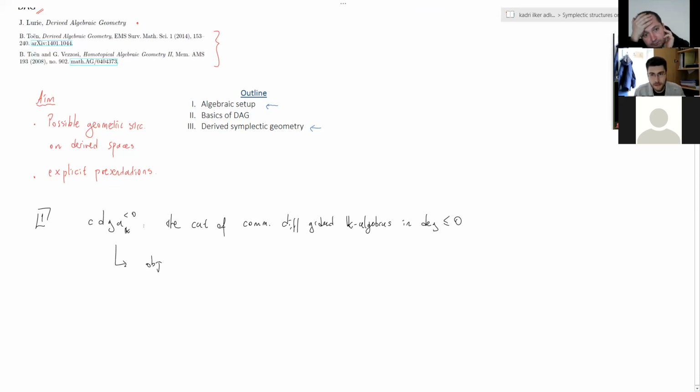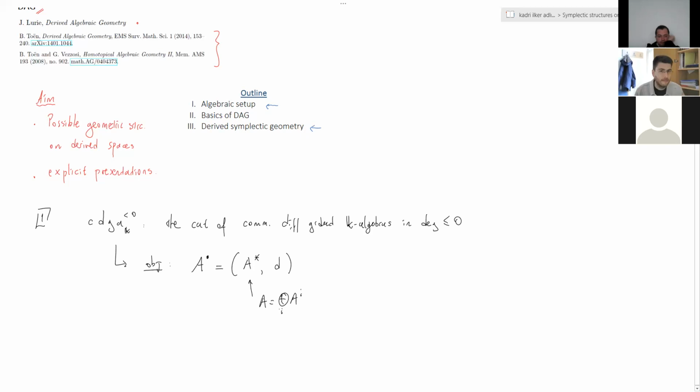What are the objects? We will denote objects like this, A dot in general. This is our convention. It means that we have a graded part, a graded K-algebra, and we also have a differential. It is just a graded module, if you like, with some kind of grading.